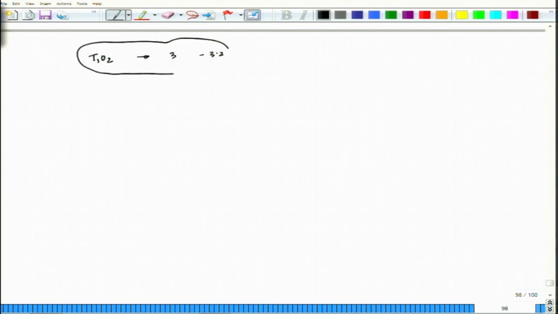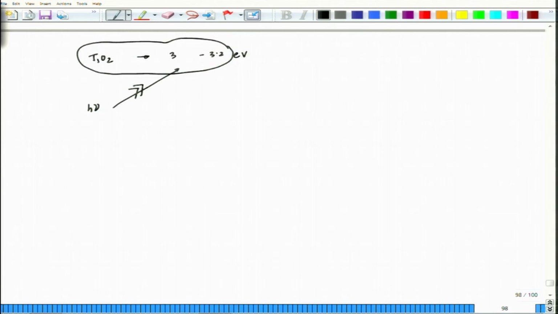It has 3 polymorphs and they vary from 3 to 3.2 electron volts. Okay. So, the light energy which has to be provided in photocatalysis is greater than the band gap of the semiconductor. So, the light energy h nu has to be greater than 3 to 3.2 electron volt.